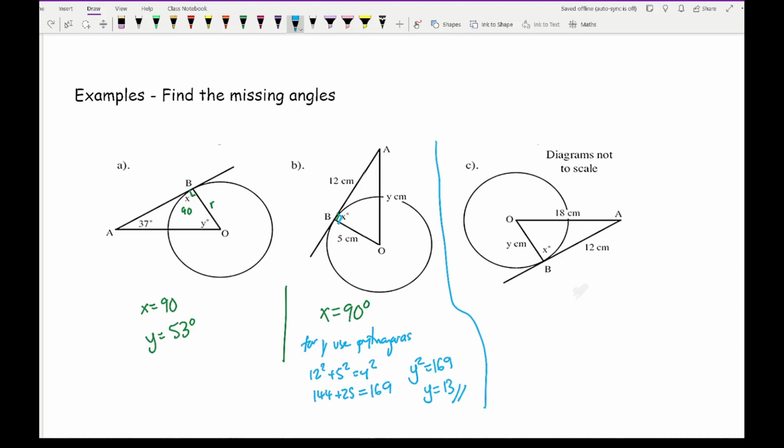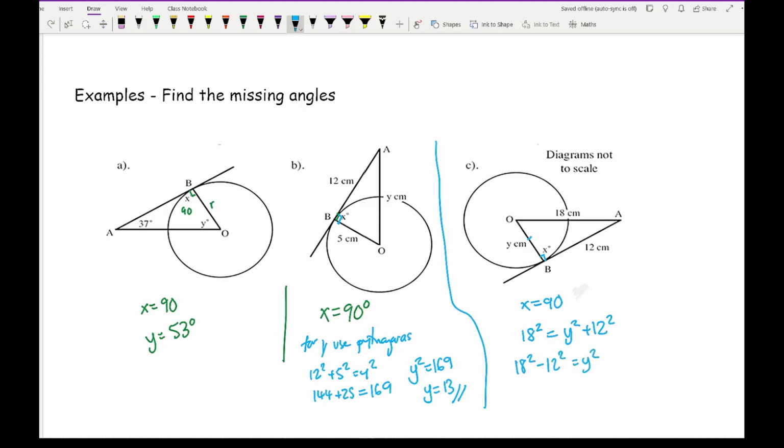And then moving on to our last question. Again, the radius is this here, and we've got a right angle, so X equals 90 degrees, and again I'm going to use Pythagoras. To work out Y, in this particular case Y is the radius, but also the smaller side of the triangle, so it's going to be 18 squared equals Y squared plus 12 squared, and then rearranging that, I get 18 squared minus 12 squared equals Y squared.